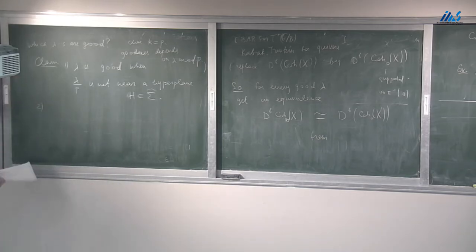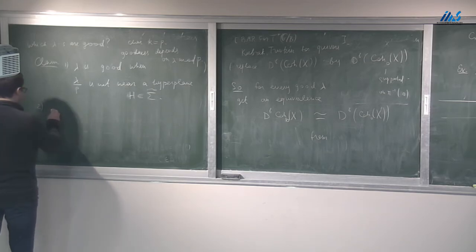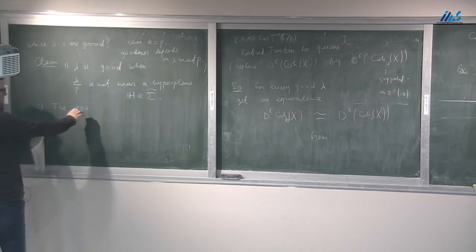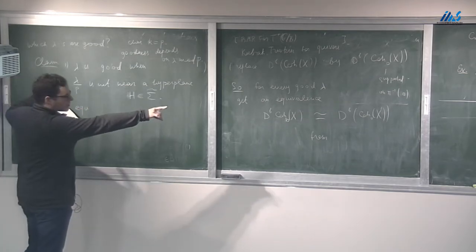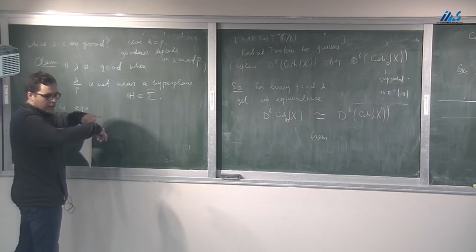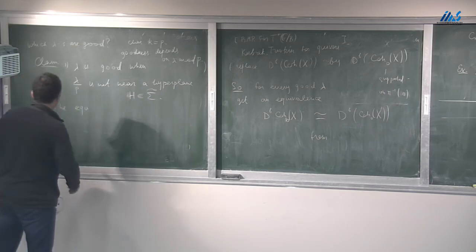And the outcome of this construction, the equivalence: basically, this says that my construction works when lambda over p is inside the alcove, but sort of deep inside, not near the boundary.